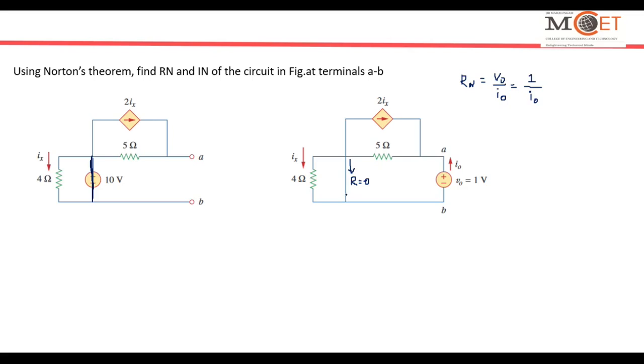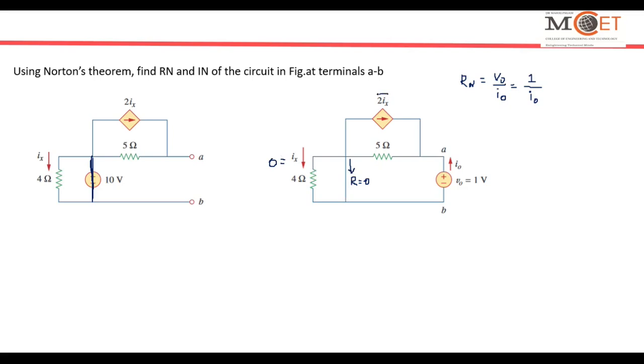Since the resistance is 0, the current will be enormous, so there will not be any flow of current through this branch. So Ix is naturally 0.